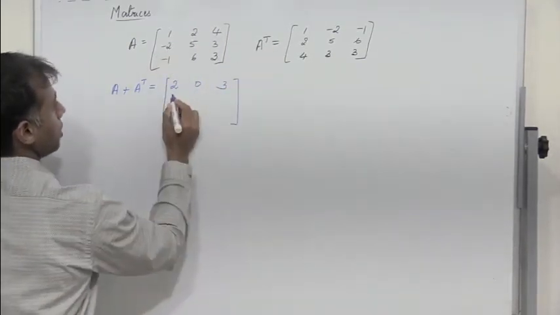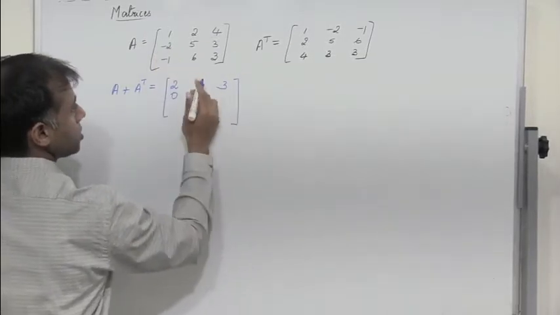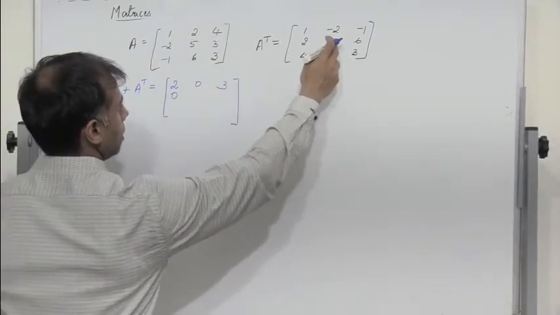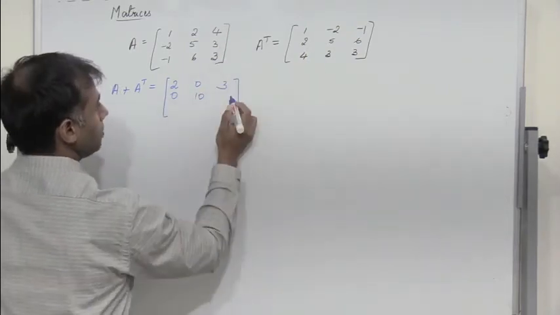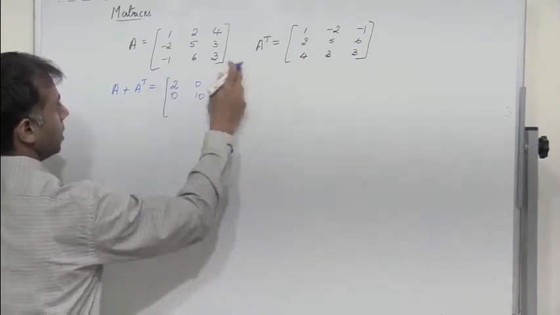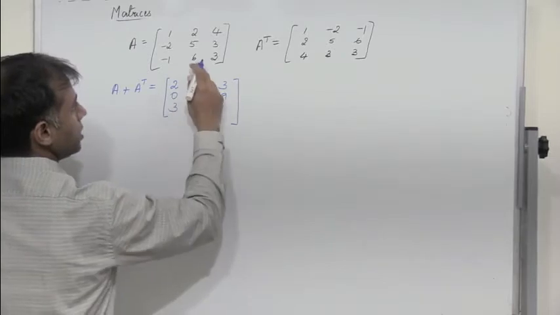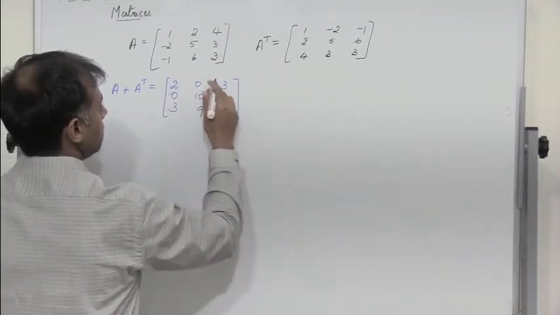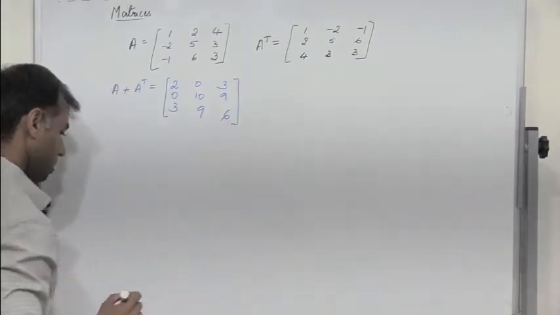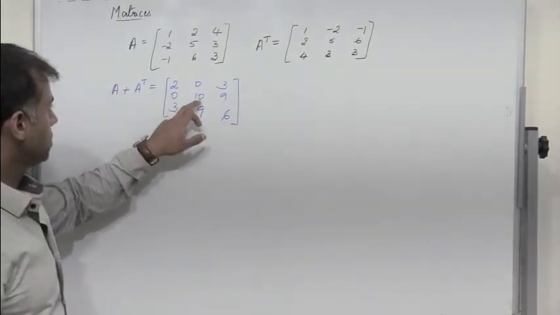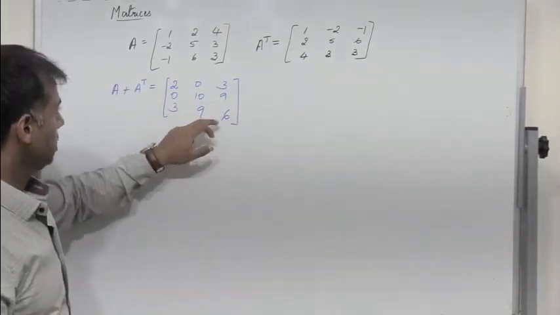Next, I have 0 here. Minus 2 plus 2, 0. 5 plus 5 is 10, 3 plus 6 is 9, minus 1 plus 4 is 3, 6 plus 3 is 9, 3 plus 3 is 6. So I have 2, 0, 3, 0, 10, 9, 3, 9, 6.